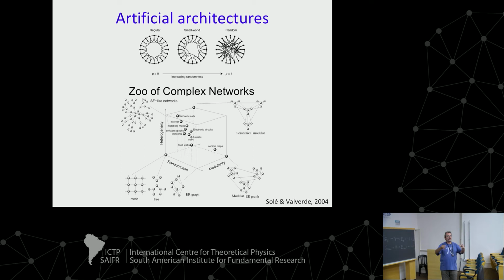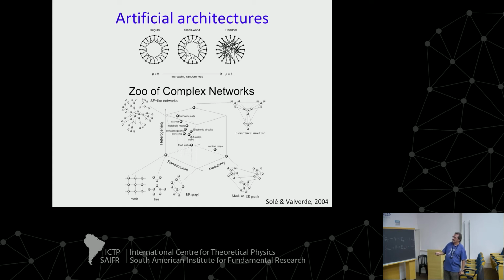We are in a room here amongst other rooms in the same building, and this building, together with the other buildings, is part of UNESCO, and UNESCO is part of the system of universities in the state of São Paulo, which is part of the system of universities in Brazil, and so on. So you have modules within modules that follow a hierarchical structure. This is the idea of hierarchical modular networks.